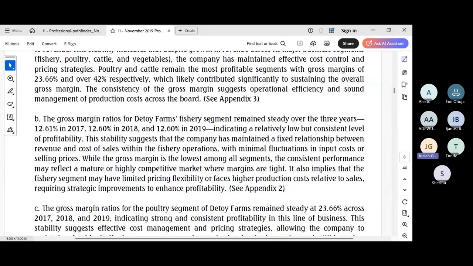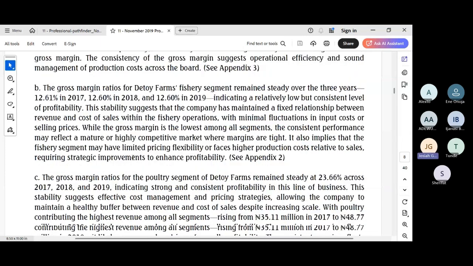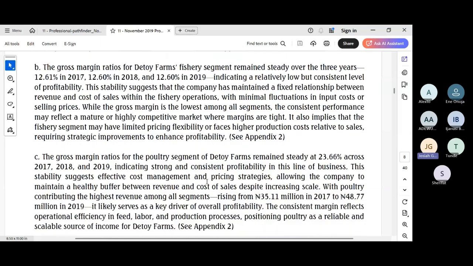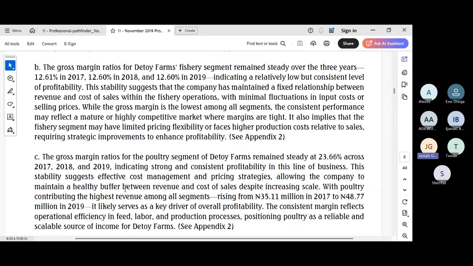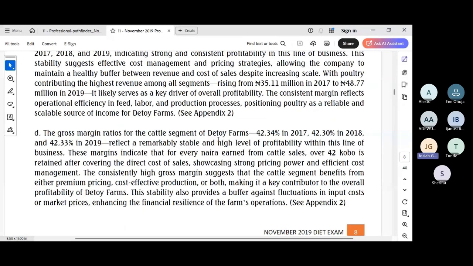So we picked a point from the fisheries segment. We also picked another point from the poultry segment. And the fourth part, we spoke to the cattle segment of the revenue and what they've done for 3 years and how they've performed. And we also spoke to a conclusion on the stability.